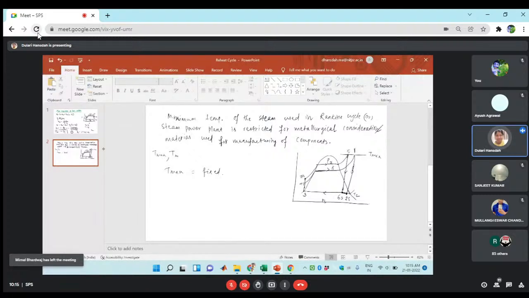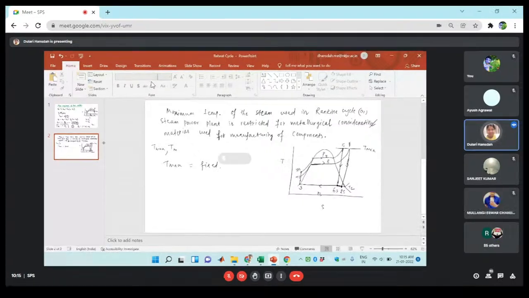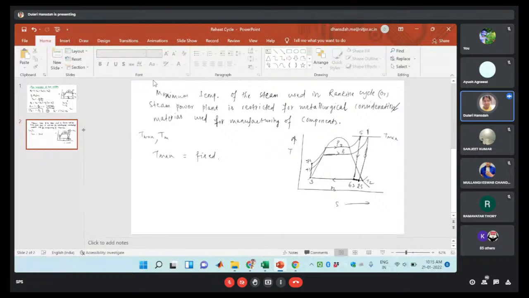So in this case, this is your TS plot. Here we have taken the maximum temperature of the steam. If T max is fixed, your operating steam pressure at which heat is added will be increased from P1 to P2 to get this maximum temperature.